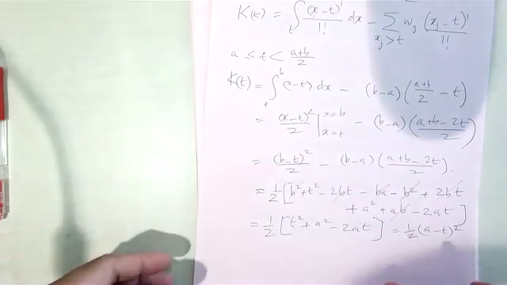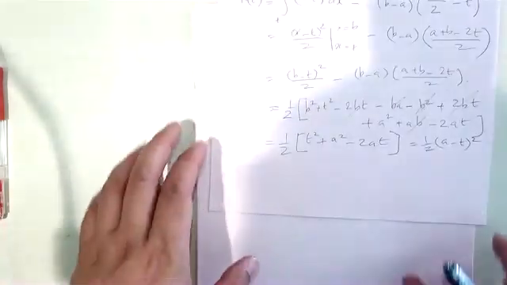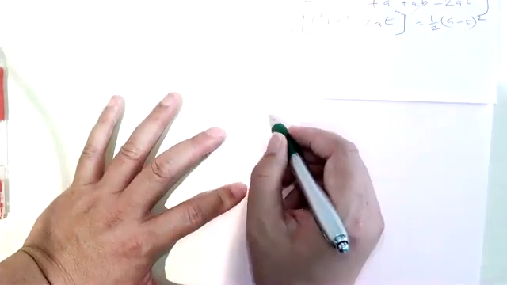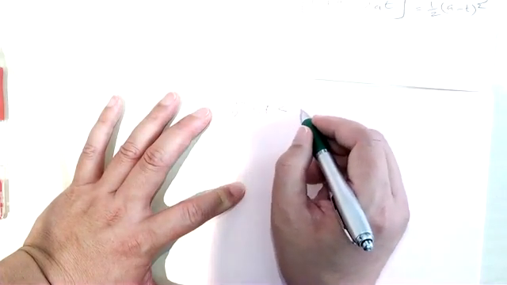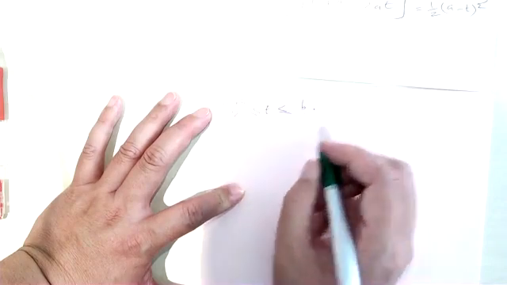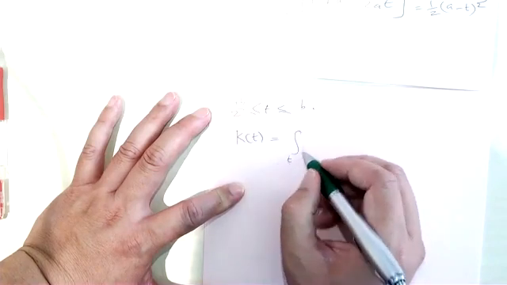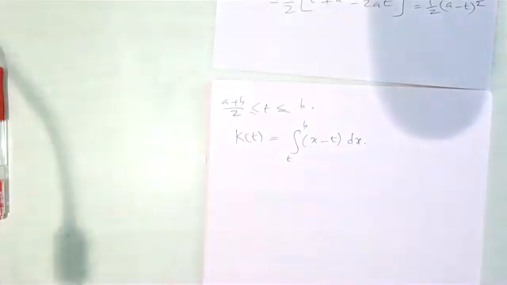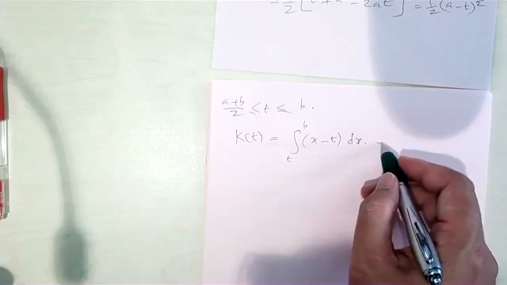Now you consider the second case, when T is bigger than or equal to (A plus B) over 2 and less than or equal to B. Then K(t) will be the integral from T to B of (x minus T) dx. But now there is no quadrature point bigger than T, since T is already bigger than the quadrature point, so you just put in 0 here.